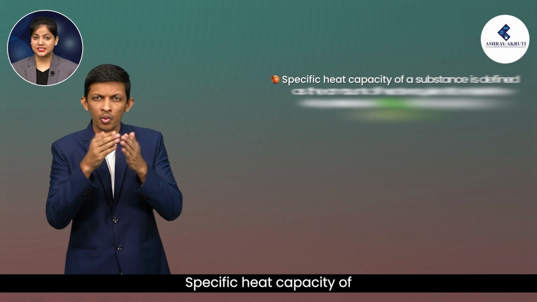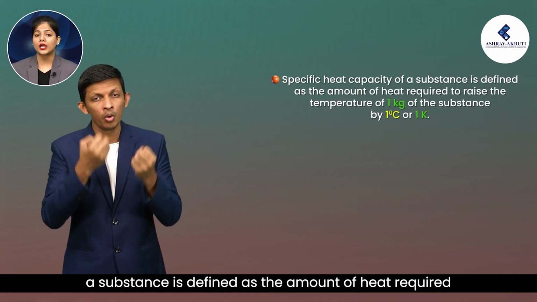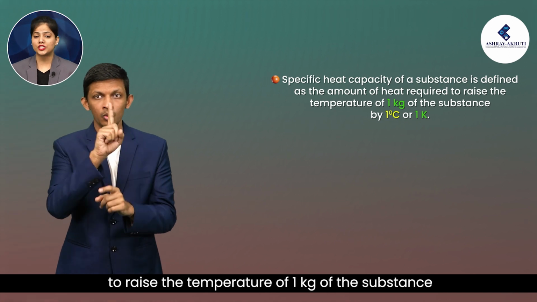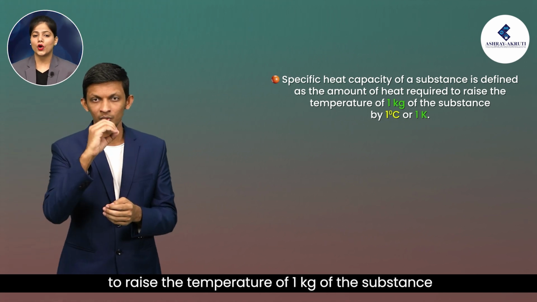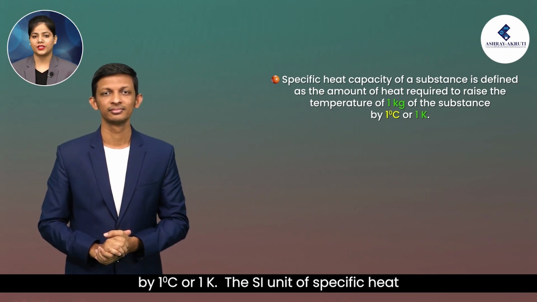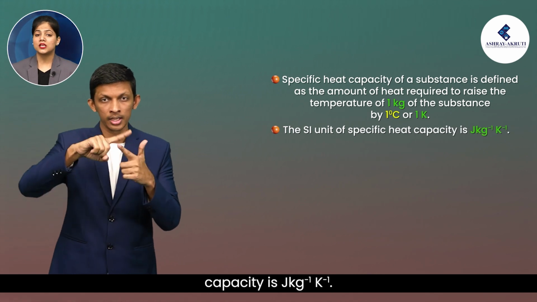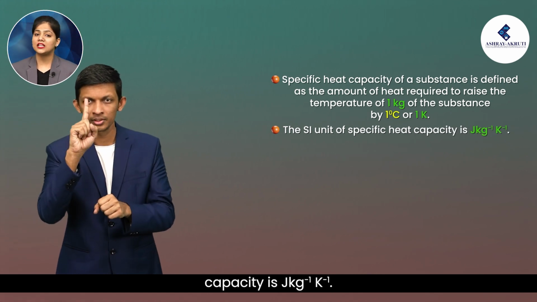Specific heat capacity of a substance is defined as the amount of heat required to raise the temperature of 1 kg of the substance by 1 degree Celsius or 1 Kelvin. The SI unit of specific heat capacity is joule kg inverse Kelvin inverse.